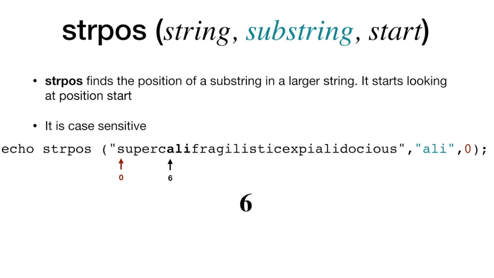So going along, motoring along, here it is, and that's at 0, 1, 2, 3, 4, 5, 6. If I put in 10 as the start position, it'll start looking here. So it'll ignore this one because it's starting here at position 10. And so it motors along until it finds ali, and it finds ali here at position 24.